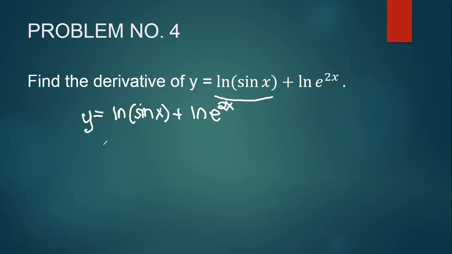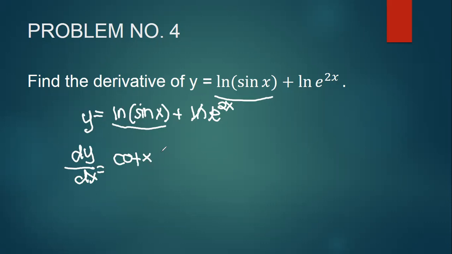We all know the derivative of ln, so I'm going to rewrite the derivative, dy with respect to x. So the derivative of ln of sin x plus cotangent of x. Based on our previous example, ln of e raised to 2x: ln and e are opposites, so we cancel this out, so that's 2x.